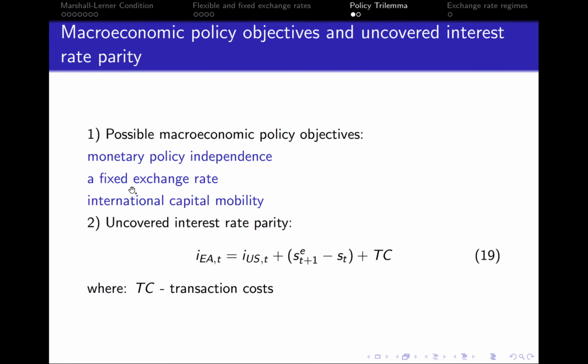The third macroeconomic policy objective we can pursue is international capital mobility. Why is international capital mobility something worth pursuing? Well, look, if we have more opportunities to invest, we can be sure that resources are allocated more effectively, and as a consequence, the surplus generated through this investment is going to be greater in comparison with a situation where you can only invest in your own country.